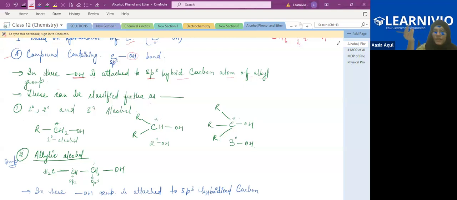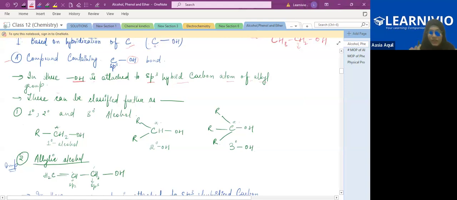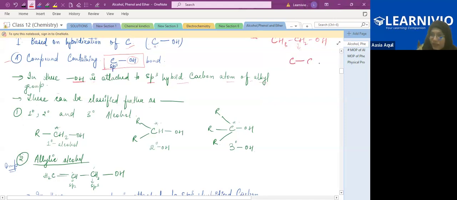Similar to what we did in haloalkanes and haloarenes, the monohydric classification is just similar to that. And how will you check the hybridization? Just remember, if between the carbon and carbon there is a single bond, its hybridization is sp3.